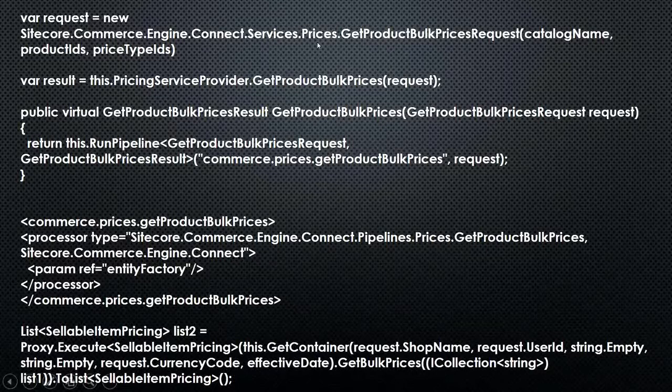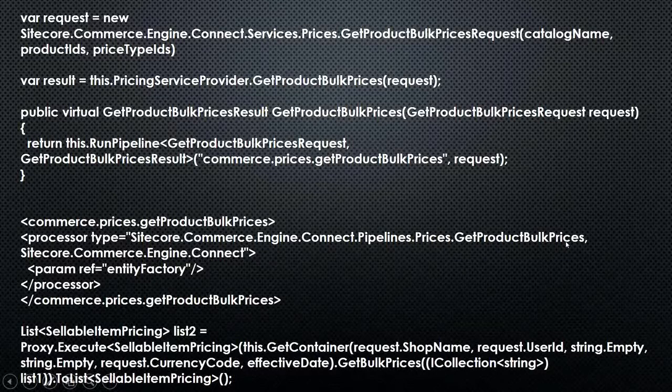But basically you use that provider to get the bulk price, and when it calls, it actually runs a pipeline, very similar to how we do things in Sitecore. It runs a pipeline called commerce price, get price, get product bulk price pipeline.